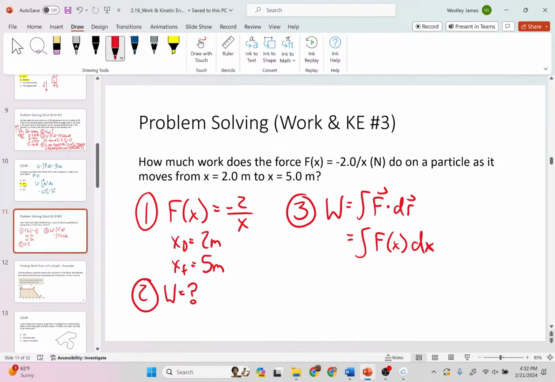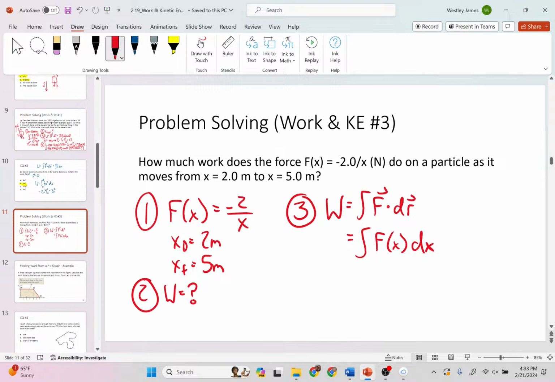A dot product can be written as the magnitude of the two vectors times the cosine of the angle between them. If they're both in the x direction, the angle is 0, so it ends up becoming this. This is a good thing to think about and see if you can piece through what happened here: magnitude of F times magnitude of dr. If I wrote more, it would be more confusing, but basically that's what it comes down to.